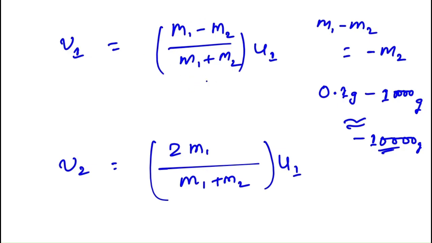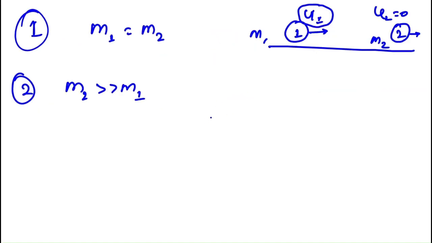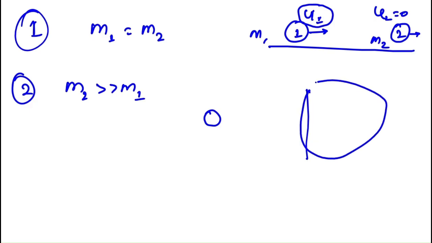With the same argument, if m2 is much greater than m1, you can write this approximately as m2. So minus m2 divided by m2 will give you minus 1, and then you will have v1 equals minus u1. What does it mean? Physically, it represents a situation where the second body m2 is much heavier compared to this body.